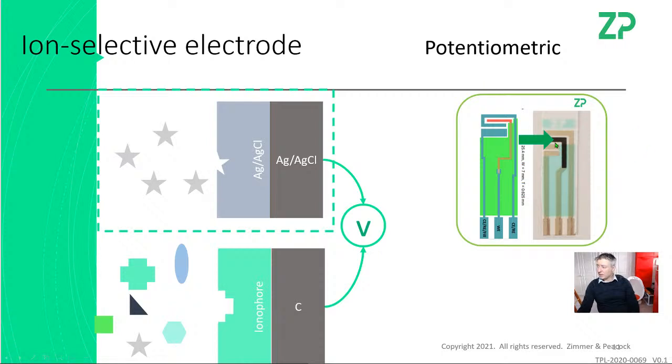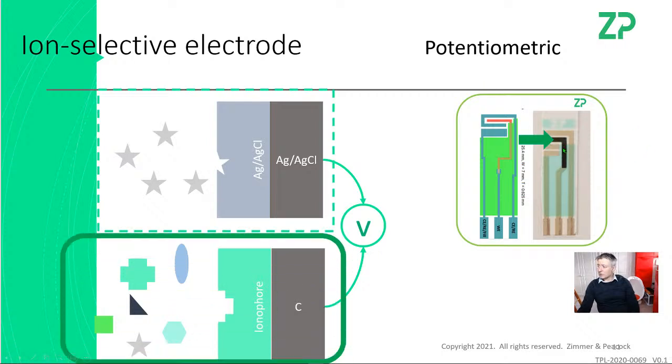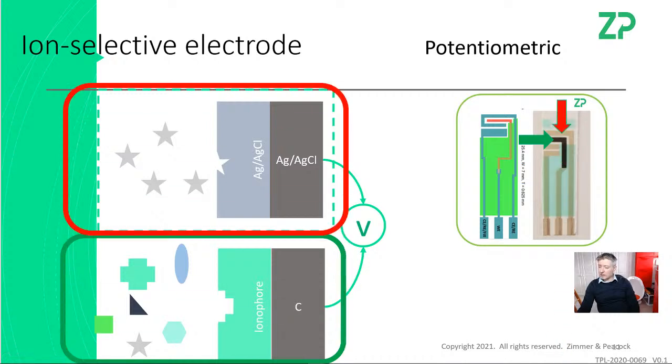So we have a working electrode, which has an ionophore on it, and we have, let's say, a counter electrode, which has the reference electrode on it, and the ecFLEX is measuring the voltage between them. In a minute, we'll actually talk about a different type of board for use with a phosphate sensor, but they both do the same. They're measuring the voltage between two electrodes.